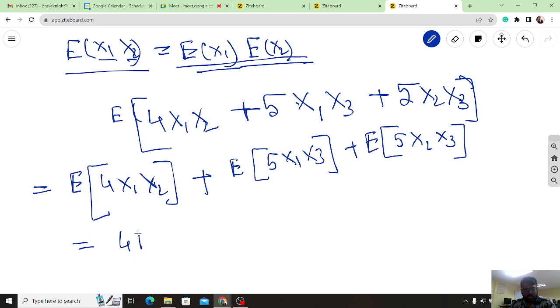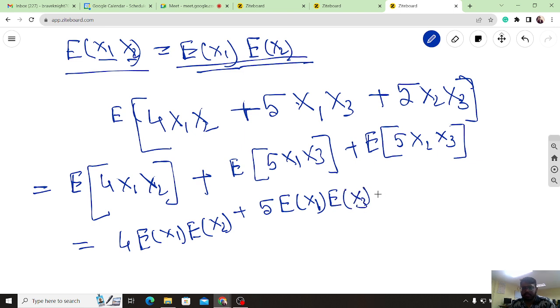It is 4 times expected value of x1 times expected value of x2, plus 5 times expected value of x1 times expected value of x3, plus 5 times expected value of x2 times expected value of x3.